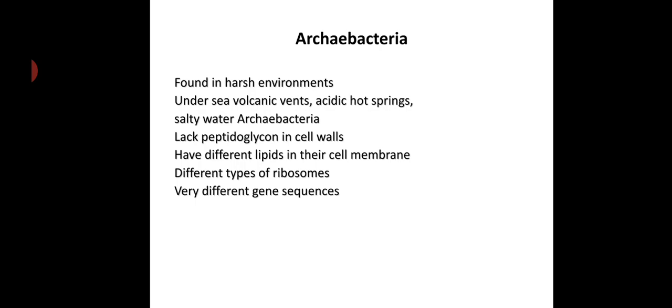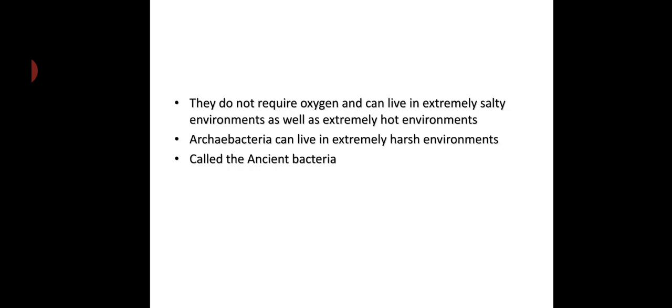And they have different lipids in their cell membrane. And ribosomes are different. And the gene sequence, particularly in this group of bacteria, that is Archaebacteria, is completely different compared to the normal bacteria. Therefore, they do not require oxygen and can live in extremely salty environments as well as extremely hot environments.